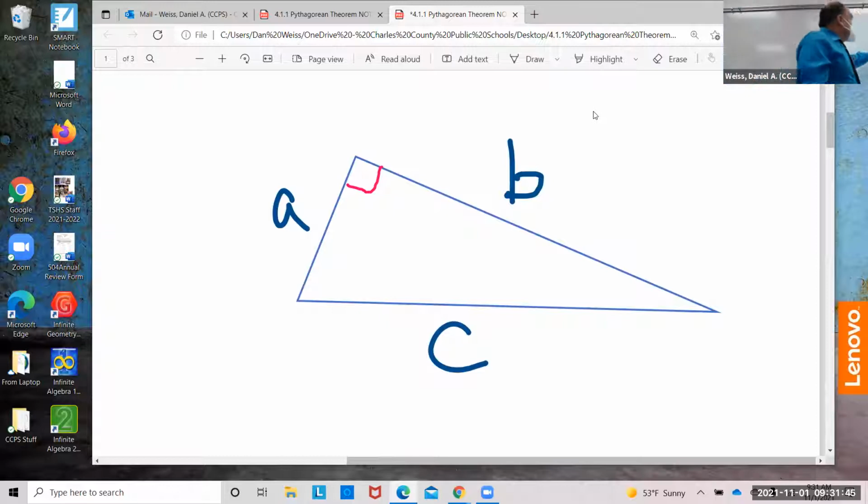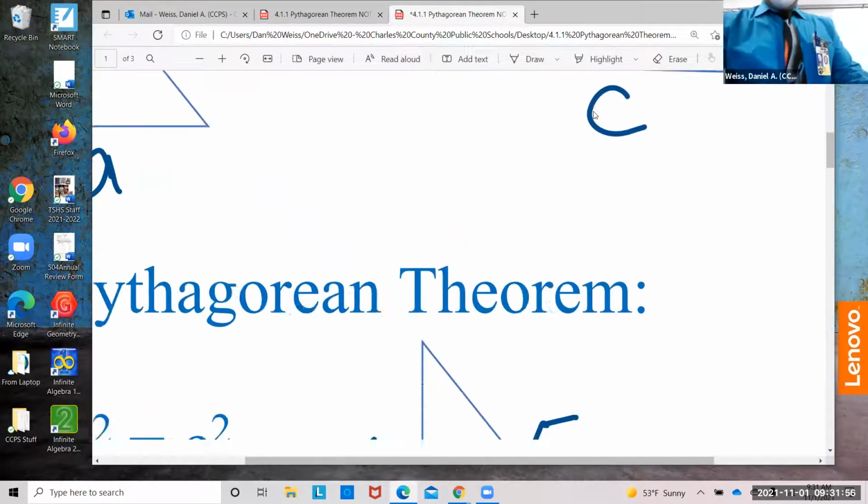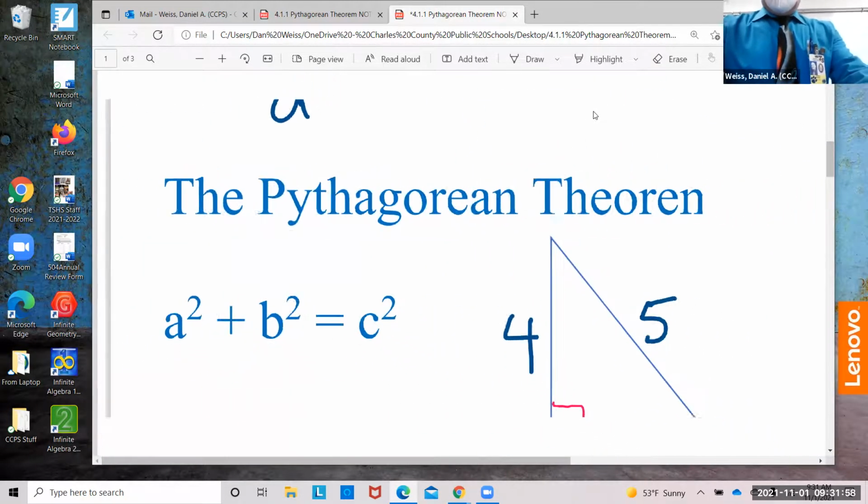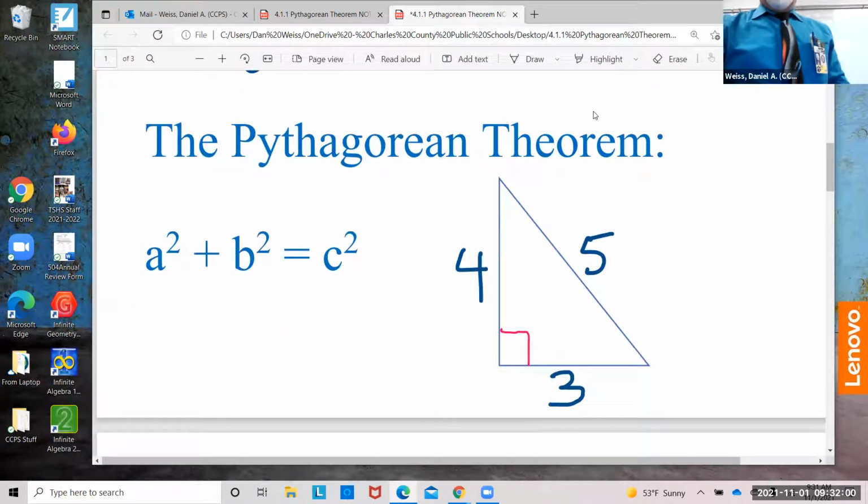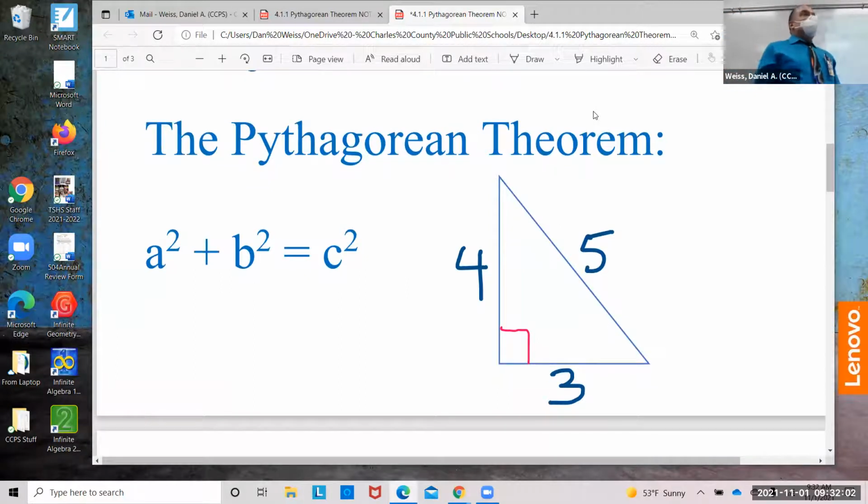This is A, this is B, hypotenuse is C. Cortez, face down with the phone, please. In a right triangle, the Pythagorean theorem says a squared plus b squared equals c squared, always.